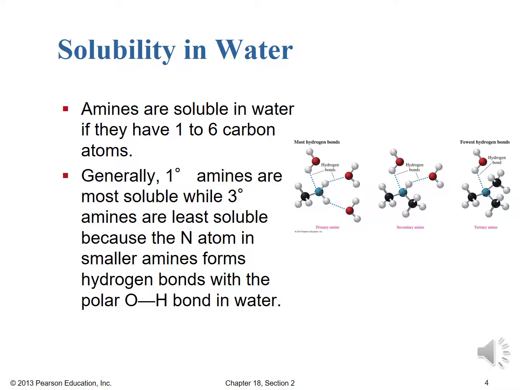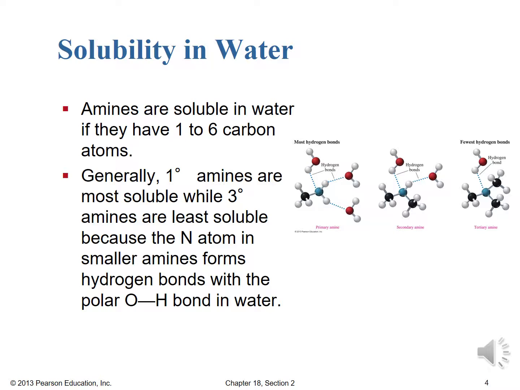Notice in the case of primary amines, you can have hydrogen bonding with the amine lone pair on that nitrogen as a hydrogen bond acceptor, or from those 2 NH bonds, they can be hydrogen bond donors to lone pairs on water molecules. For secondary amines, you can still have a little bit, right? You can still have the hydrogen bond acceptor on the lone pair, and the one remaining NH bond can be a hydrogen bond donor to the lone pair of a water's oxygen.